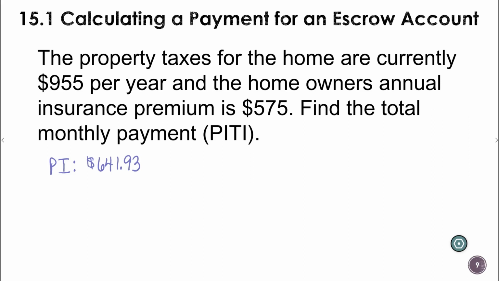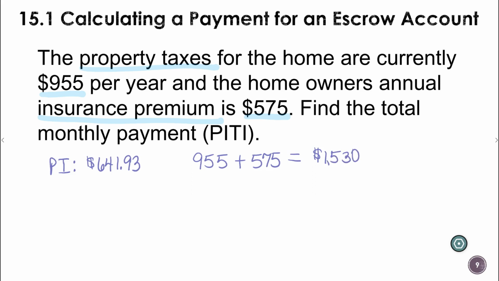It says the property taxes for the home are currently $955 per year, and the homeowner's insurance premium is $575. Now that's yearly, so we're going to calculate the monthly amount, and we simply take the $955 plus the $575 and get a total, and so that is $1,530.